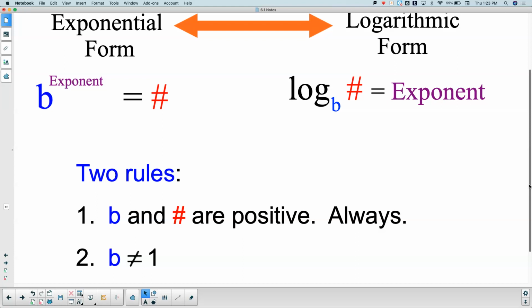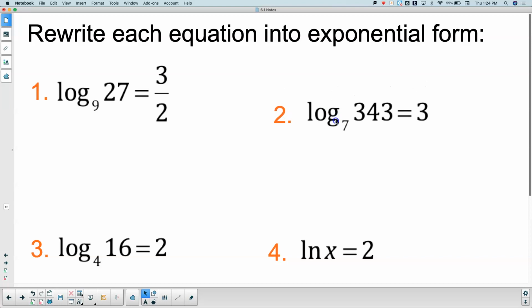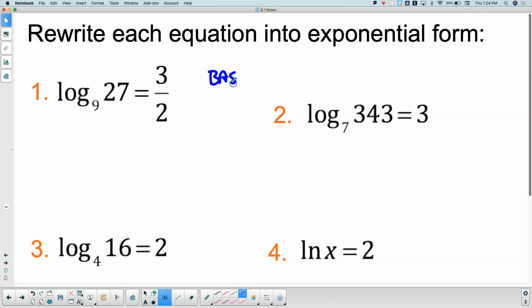Okay? So, here we go. We're going to rewrite each equation into exponential form. Now, what I want to do here is give myself a little extra space, and then I'm going to say that the base to an exponent is equal to my number.